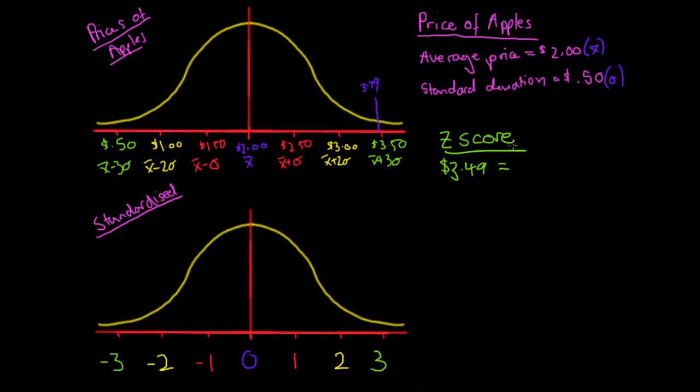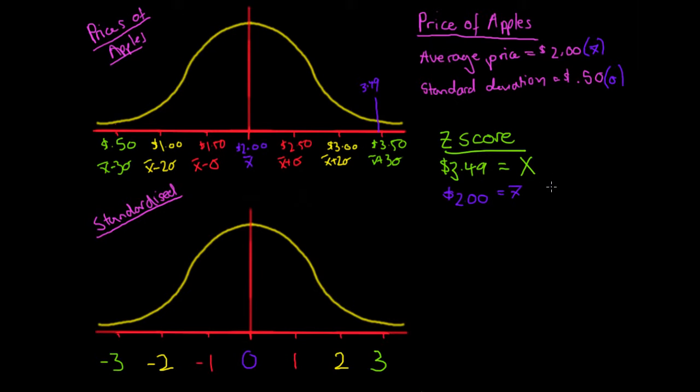And I'll call this z-score value x. And I know that we have this average price of $2. So our average price is $2, and that is equal to our x bar.